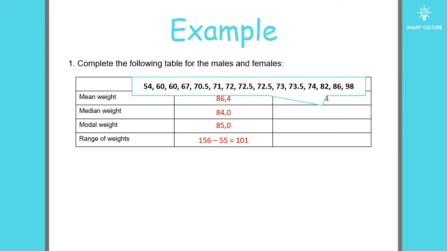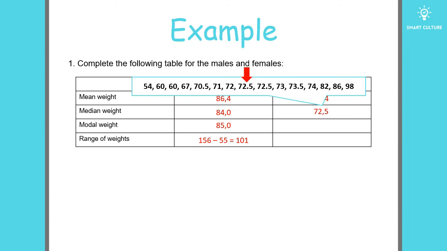As you can see, we have 15 values. So that means we do have a middle value because 15 is an uneven number. So the middle value will be the 8th value. So let's count: 1, 2, 3, 4, 5, 6, 7, 8. So this will be our median weight, 72.5.